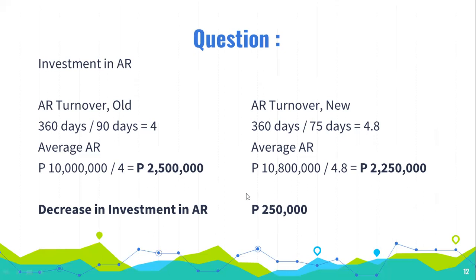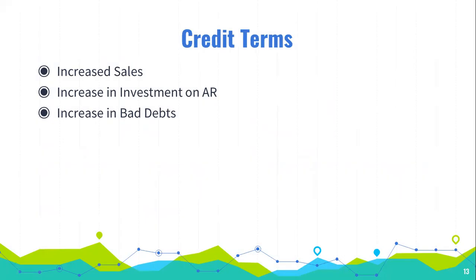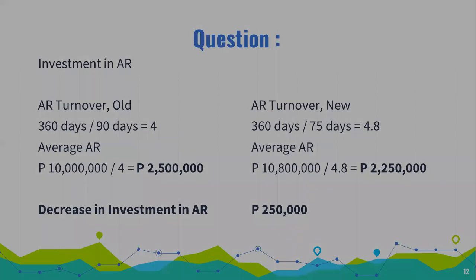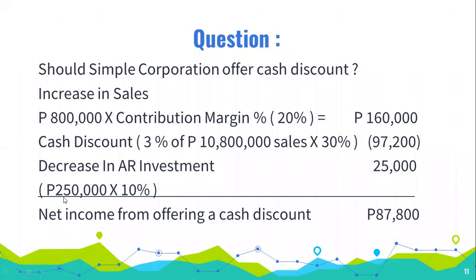So going back to our discussion a while back, the 250,000 pesos, which is the decrease in average accounts receivable, we will multiply by 10%. Therefore, the net benefit of this is 25,000 pesos.